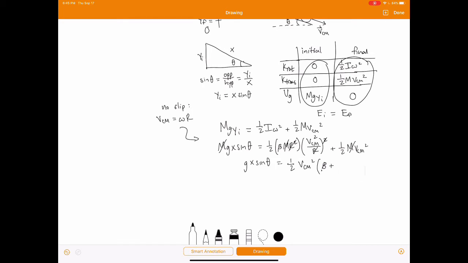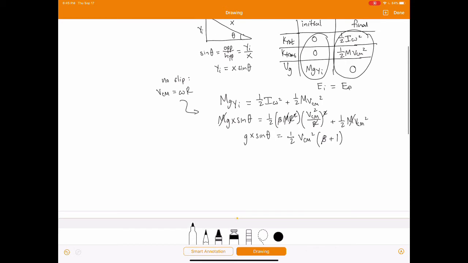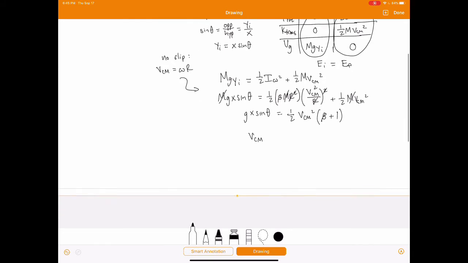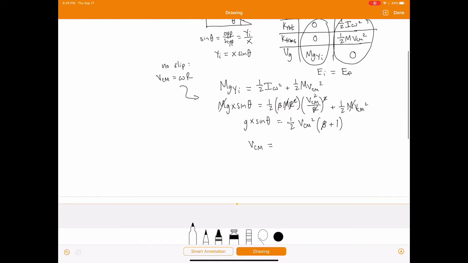And in my second term, that just multiplies 1, so beta plus 1. Okay. Now, VCM, what is that equal to? Well, let's say VCM squared first. Multiply through by 2, so we have 2g times x times sine theta. Divide through by 1 plus beta. And then, of course, we'll square root that to get VCM. Okay, so that's the speed of the center of mass.